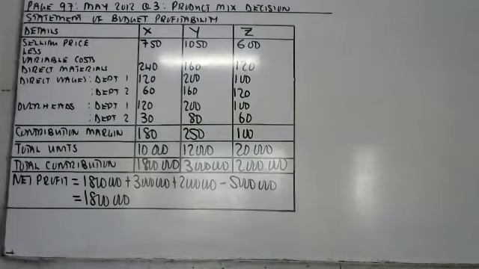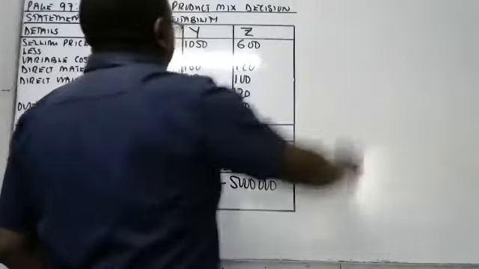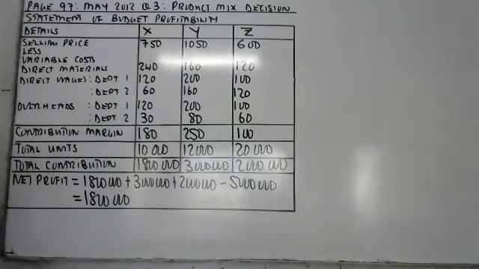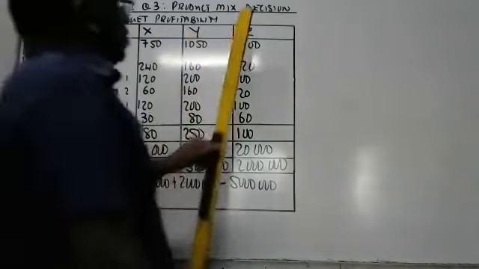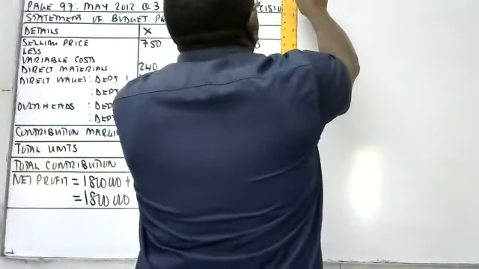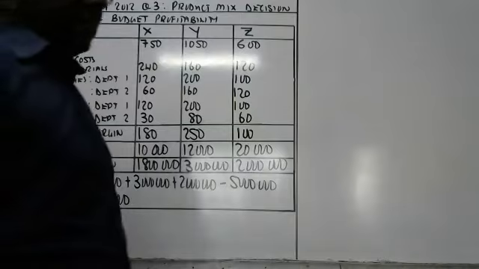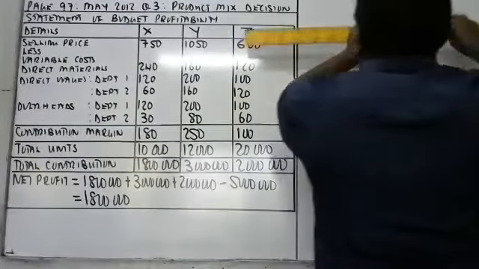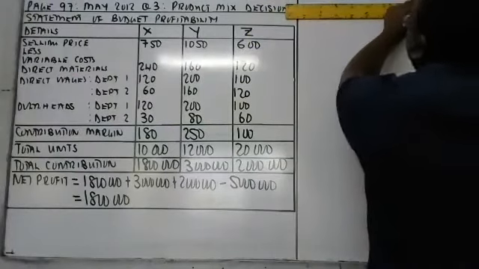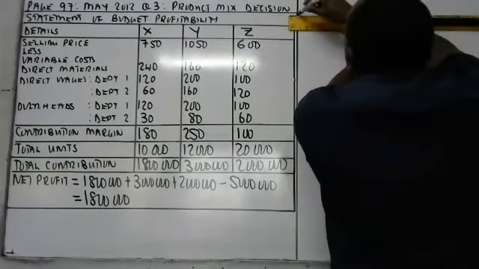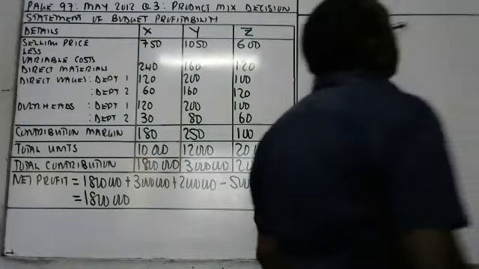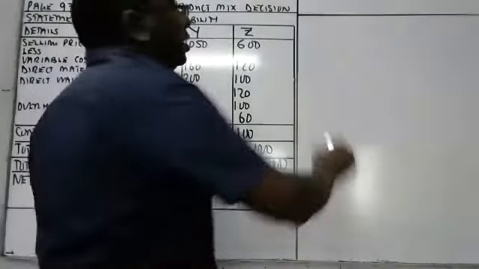We are told to get the optimal production mix. So for us to get the optimal production mix, first of all, we will need to know, we need to have analysis for labor hours. Analysis for labor hours.